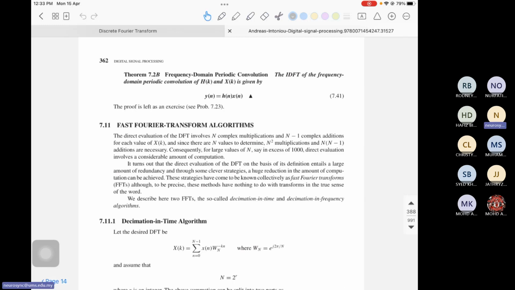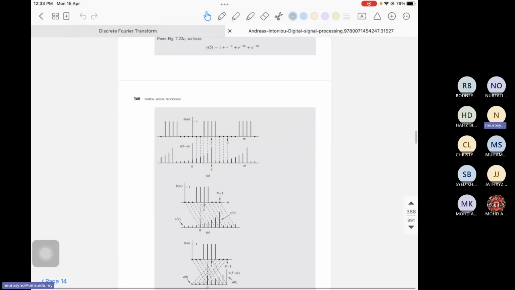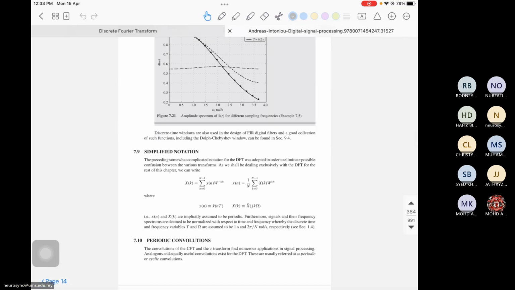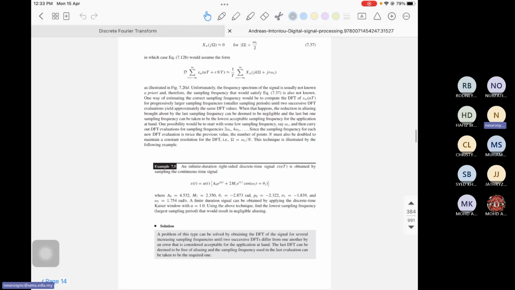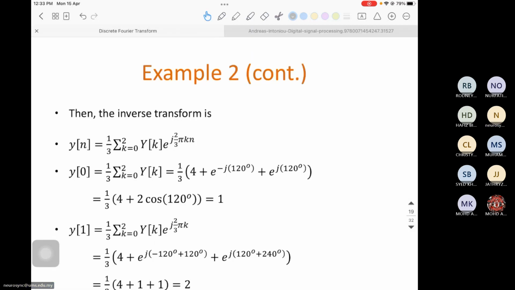I think FFT is not in your syllabus, but the initial portion of chapter number 7 you can read, so you will get more insight into this topic, discrete Fourier transform.